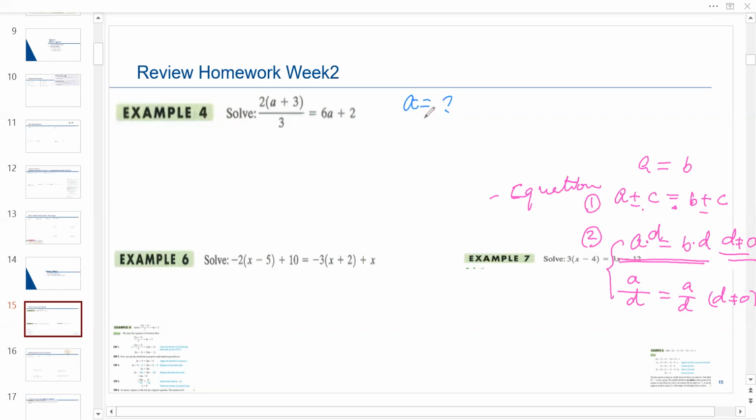The final objective is to find A equals something. You can see A is the unknown, the variable. Sometimes we use the letters X or A to represent the unknown. In this equation, the final objective is X equals something or A equals something, right? So we need a proper transform here.